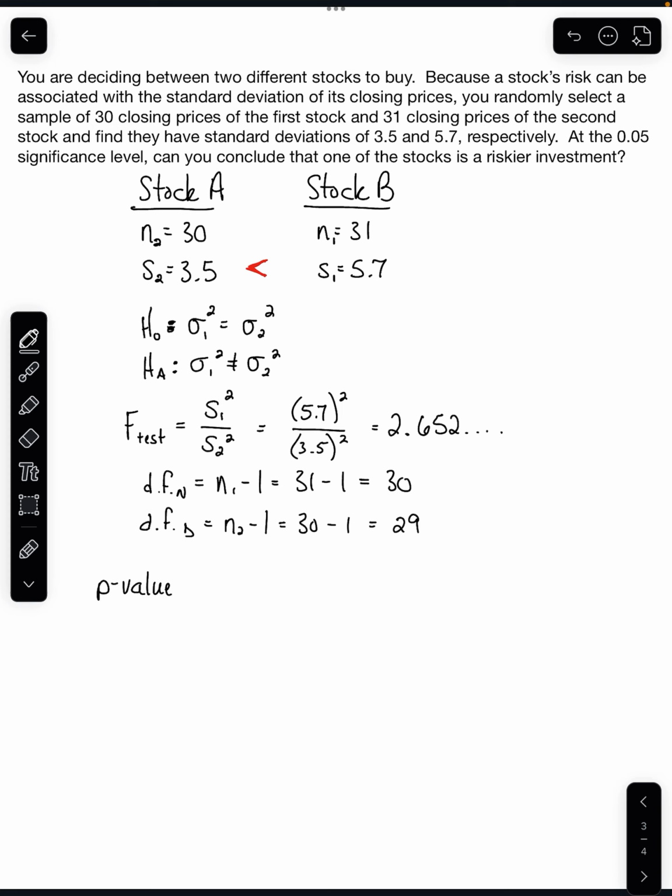Our p-value then, this being a two-tail test, is going to be 2 times the probability of getting a more extreme result, something further to the right than our test statistic. So we need our FCDF from our test statistic, 2.652, etc., up to the calculator's very large number, comma, our degrees of freedom of the top and degrees of freedom of the bottom.